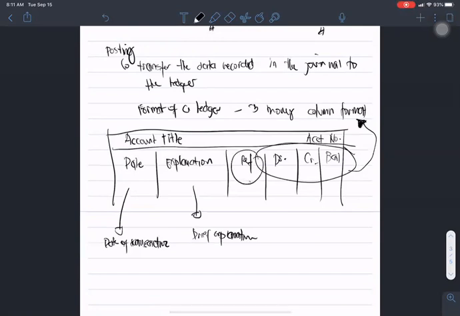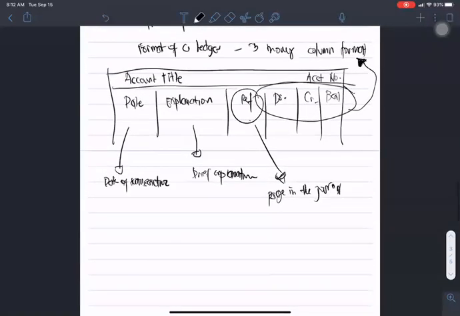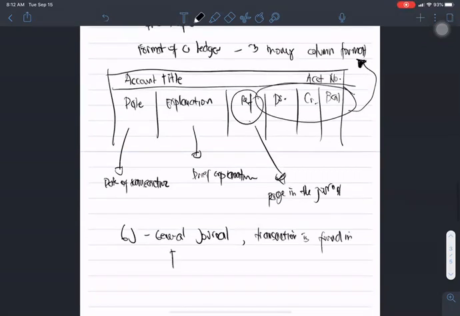Your reference here is the page in the journal. A journal normally contains pages. So for example, you are using the general journal, and the transaction is found in page 23. If you try to post the transaction that is found in page 23, you first place the date and the explanation, and the reference is the page in the journal.